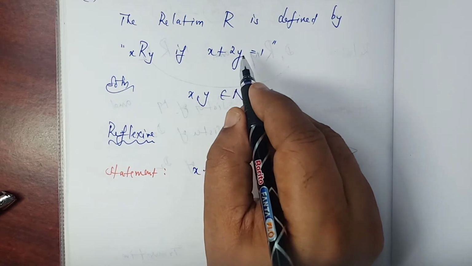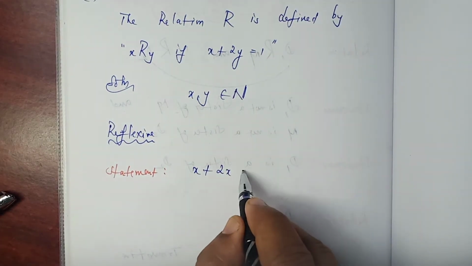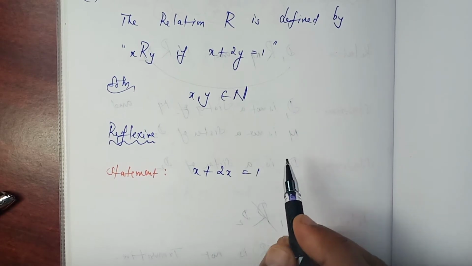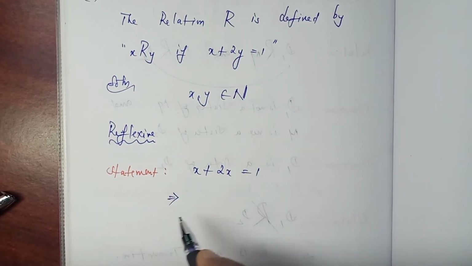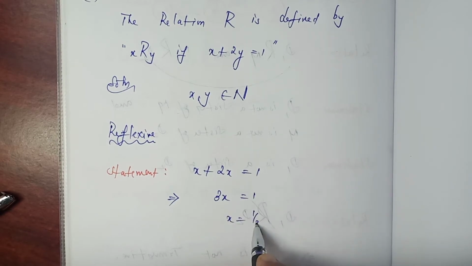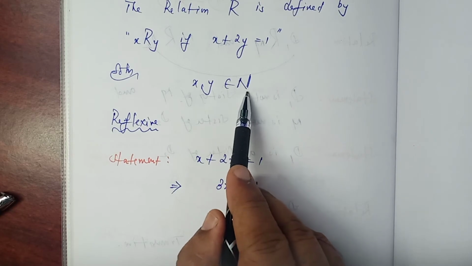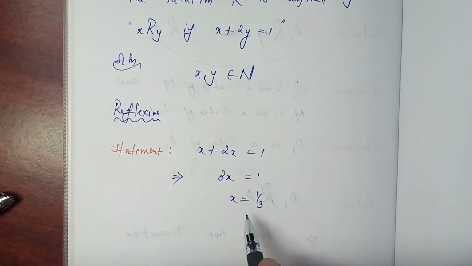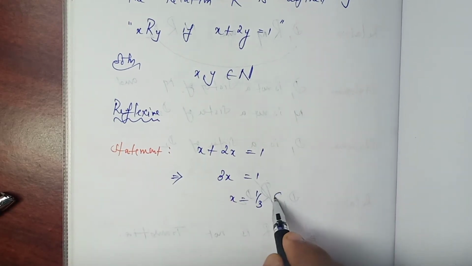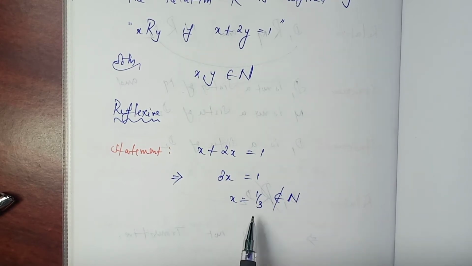Already I told you, you have to consider only one element. So x plus x, that is 2x, equals 1, which implies x equals 1 by 3. What I mentioned here is that x and y both belong to the set of all natural numbers. Here x equals 1 by 3 doesn't belong to the natural numbers, it's a rational number.